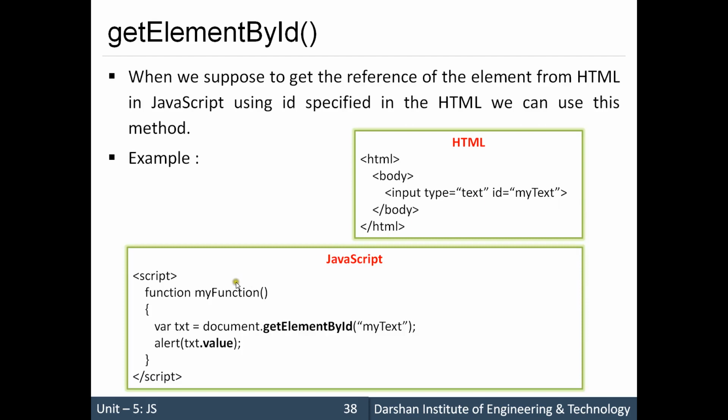We can use the method document.getElementById because we have an id here, and inside that method I'll pass the id which I want to get, and after that we'll get that particular element, right? Let's see an example.